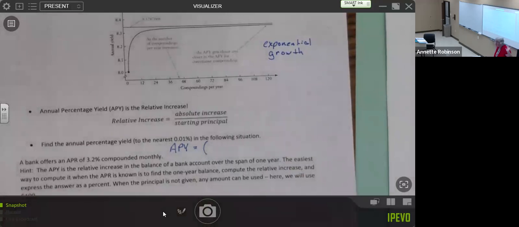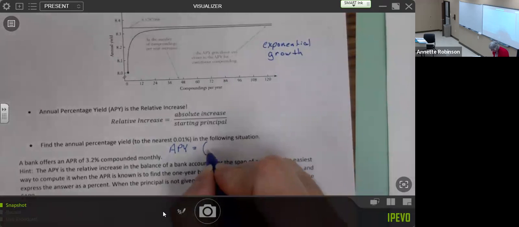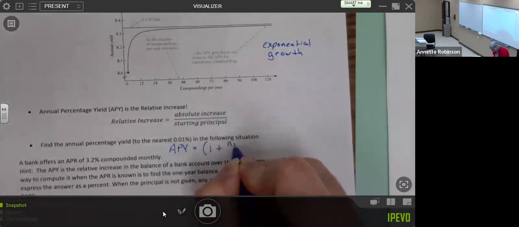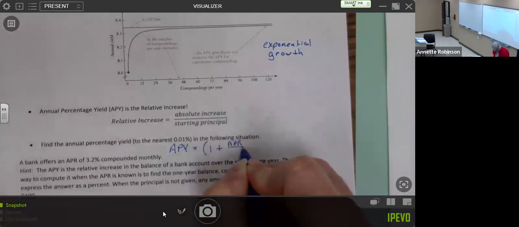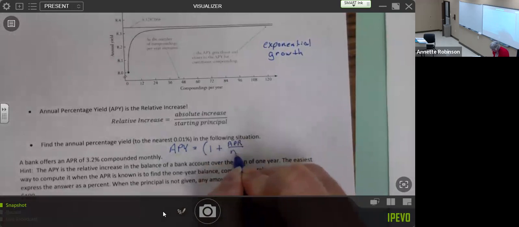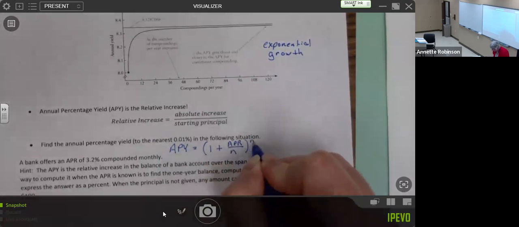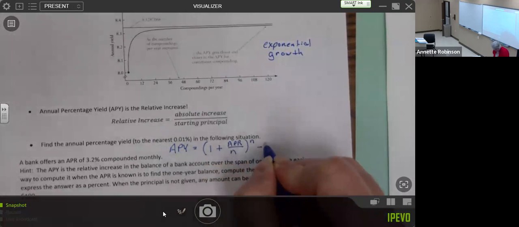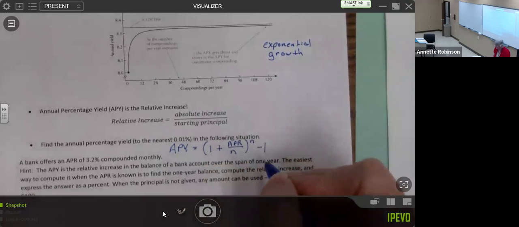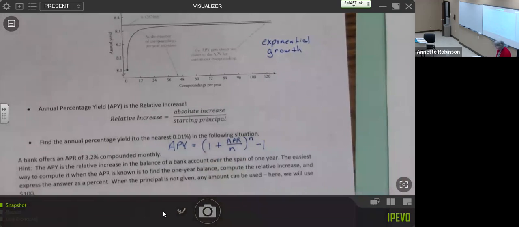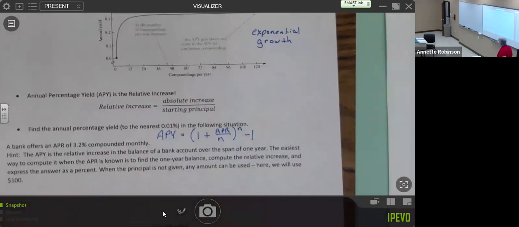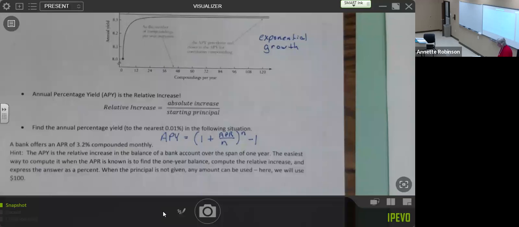We're going to use 100 or 1,000 for the principal, so we're not going to write it down. We're going to put 1 plus the annual percentage rate divided by n, raised to the n, but we're going to subtract 1. After we raise it to the n, we're going to subtract 1.